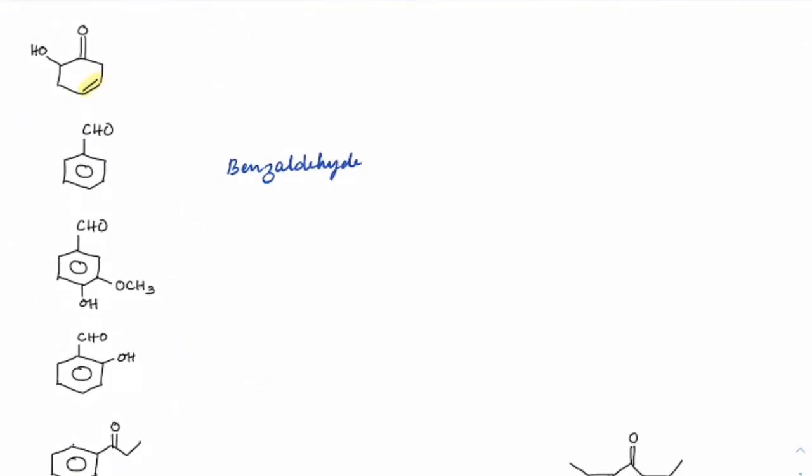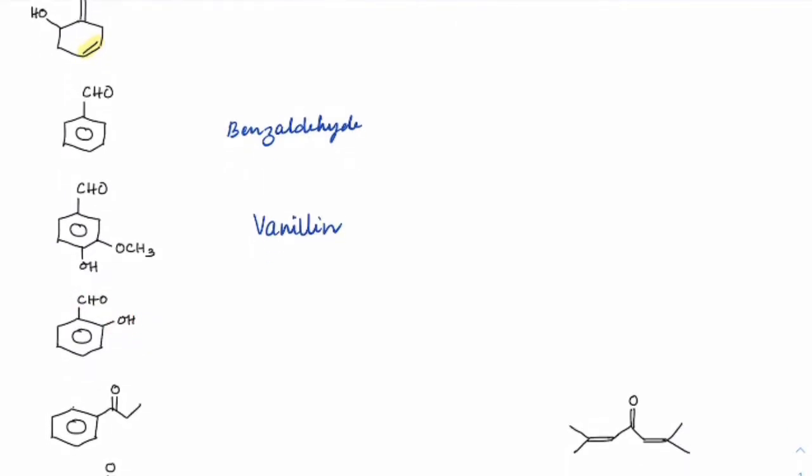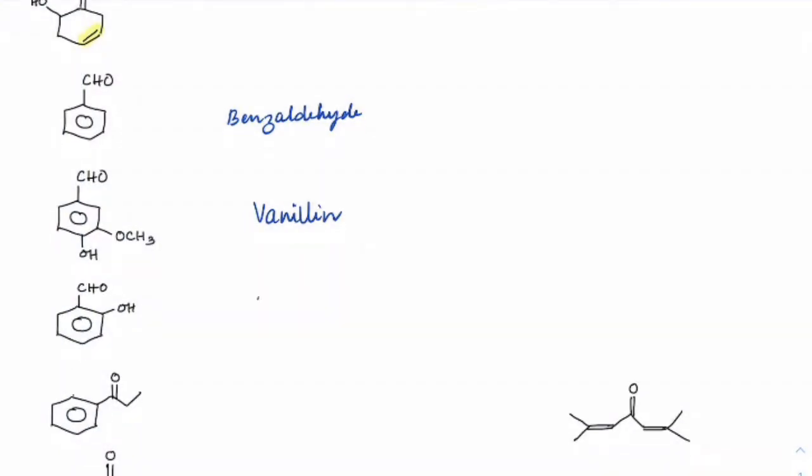Next, if we have a methoxy group on the meta position and the hydroxy group here, then it is called vanillin. Similarly, if you have ortho hydroxy benzaldehyde, we have a common name for it, which is salicylaldehyde.